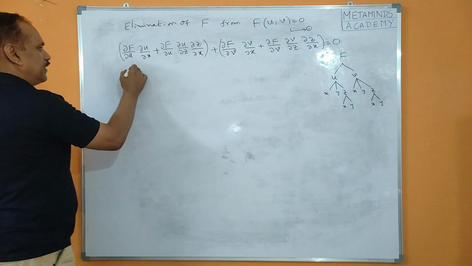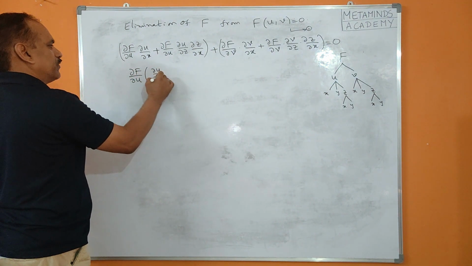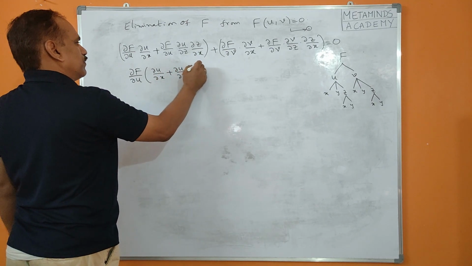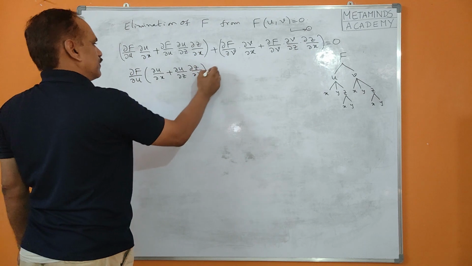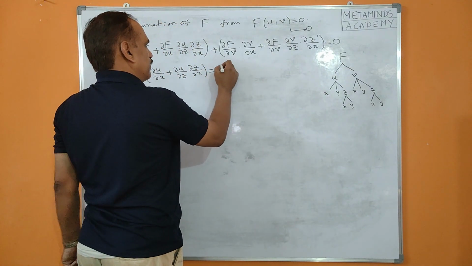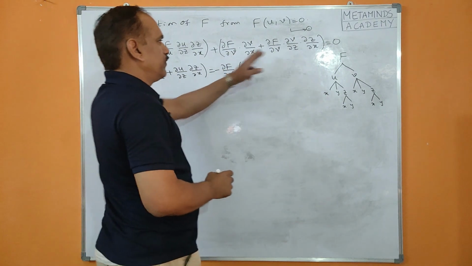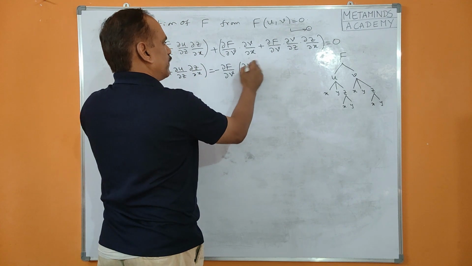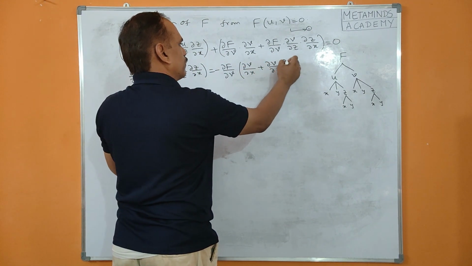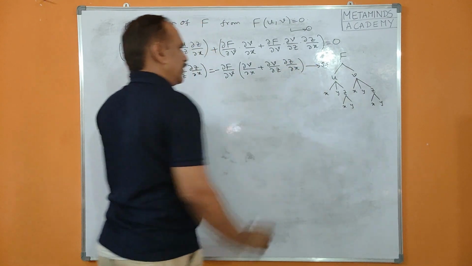So you can write this as dou f by dou u, taking common, dou u by dou x plus dou u by dou z into dou z by dou x. On the right hand side, it is minus dou f by dou v, taking common, dou v by dou x plus dou v by dou z into dou z by dou x. You name it as equation 2.